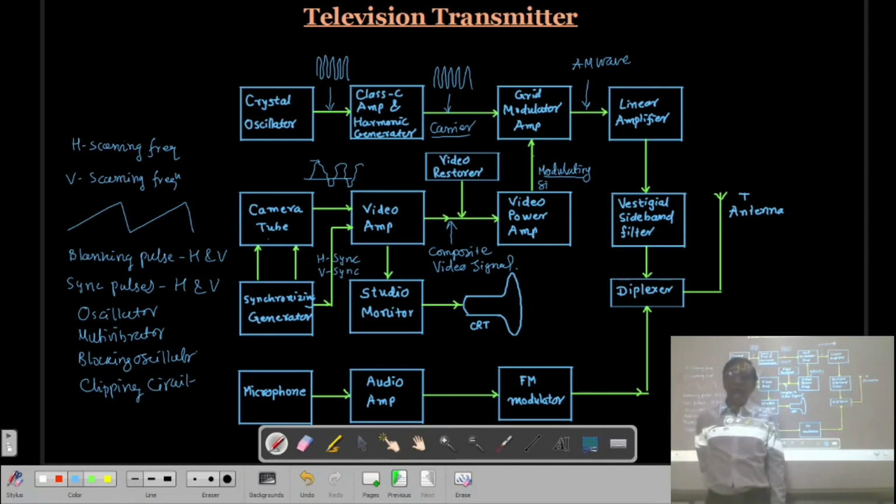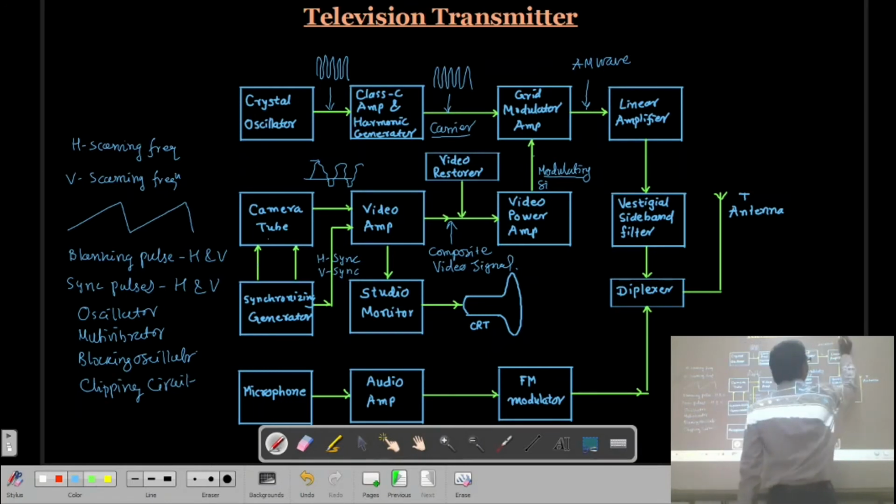Then it is going to be amplified by a linear amplifier, because we require a very high amount of power for large distance transmission. So the linear amplifier is here. Now if you look at the waveform at this point, then this waveform is like this.